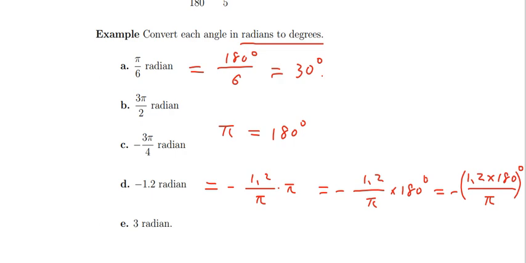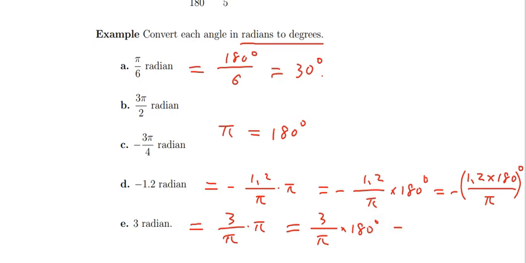Okay. Here's the same story: 3 radians. We check 3 equals how much of pi? 3 equals so much of pi, right? So this pi, I replace with 180 degrees.